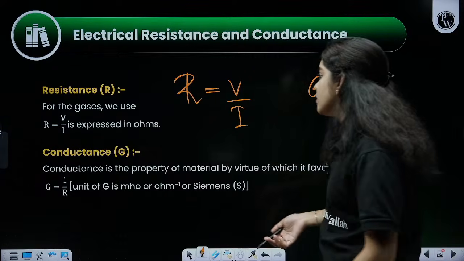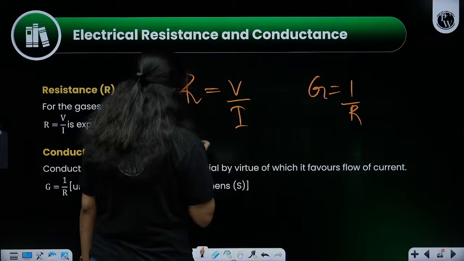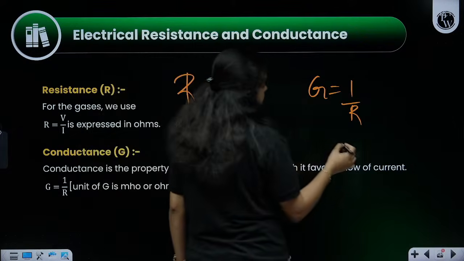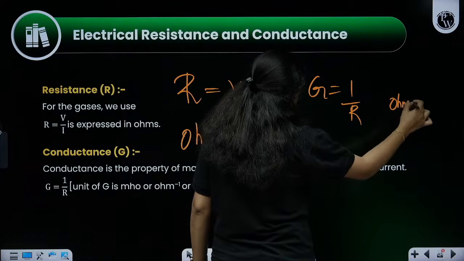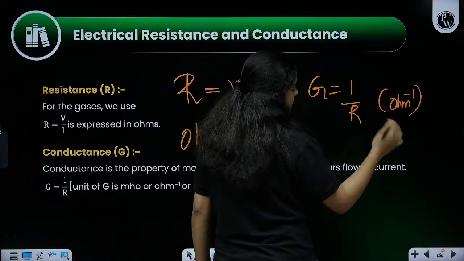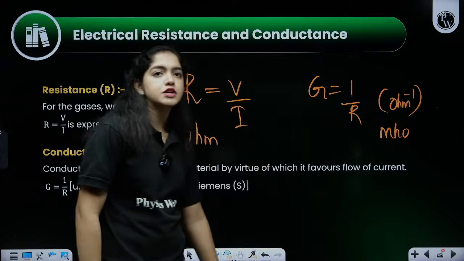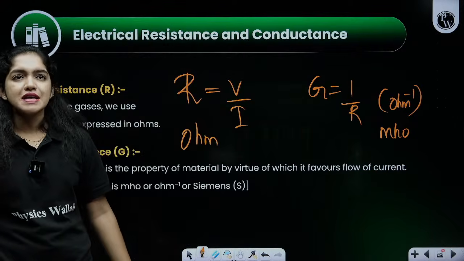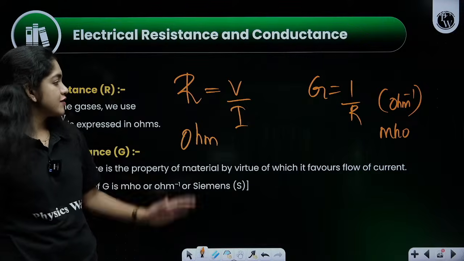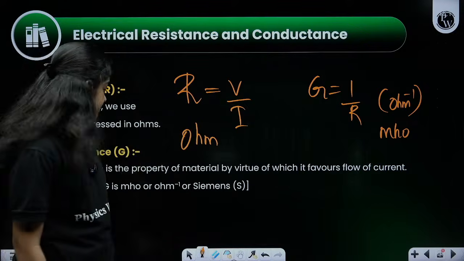The unit of resistance is ohm. The unit of conductance is ohm raised to -1, because it is the reciprocal, or mho. Mho is the unit of conductance. So resistance is there, conductance is there.